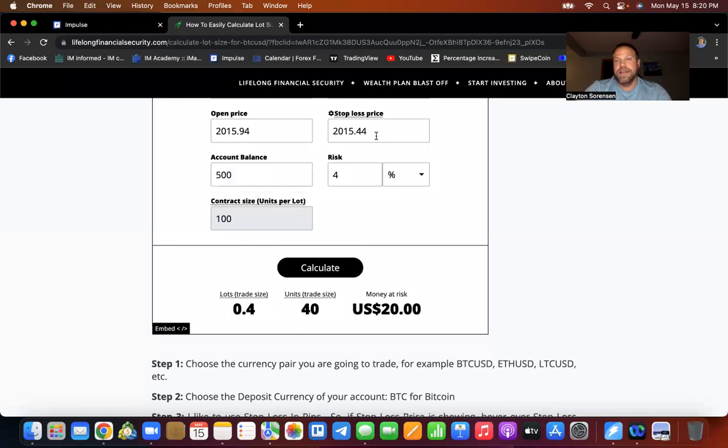With a 75 pip stop loss, you have to come in here and figure all that out too. Me, I'm a 50 pip stop guy or less. 50 pips is the max I go. So it's totally up to you, what you guys want to do.